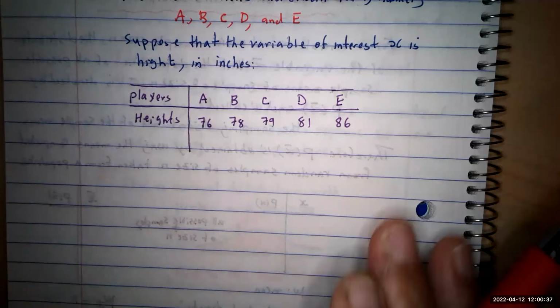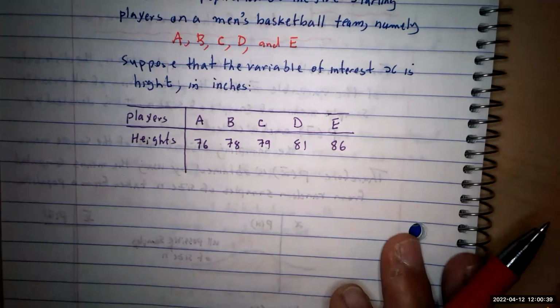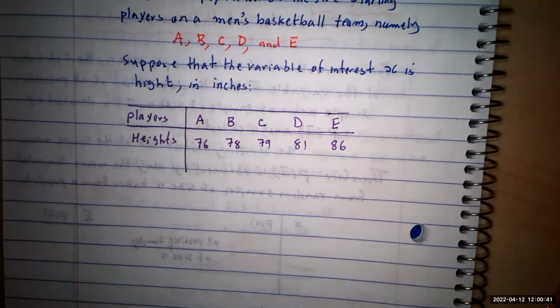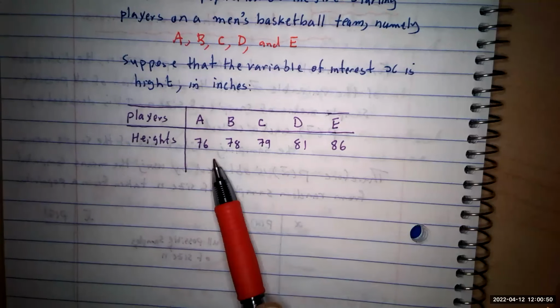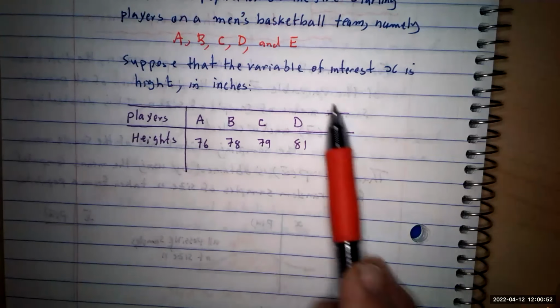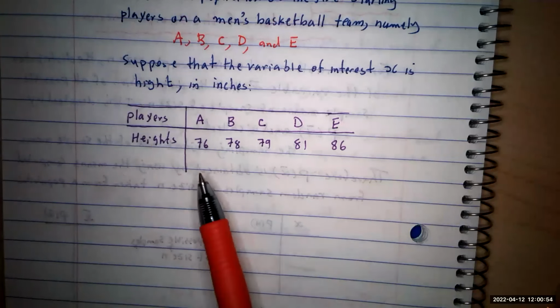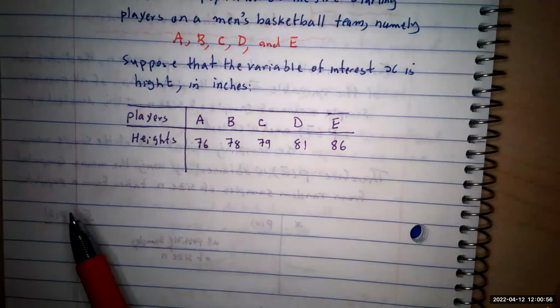So what's the question? The question is, I'm going to pick a sample of these, and my sample size is going to be 2. So I want to pick all the possible groups of 2 players from these. And any time I pick 2, I'm going to find the mean of their heights, okay?